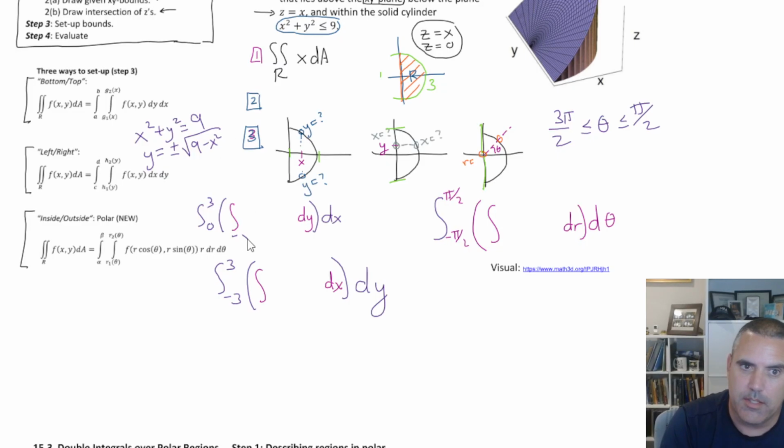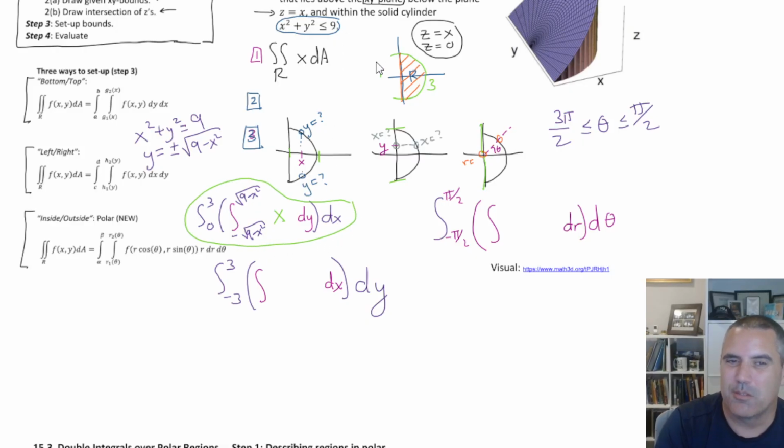So it's from the negative square root of 9 minus x squared to the positive square root of 9 minus x squared. And the integrand hasn't changed, it's still x from up here. That's one correct setup. I don't really love it because the bounds are kind of gross looking. Next correct setup. What if I take the equation for the circle and solve for x?